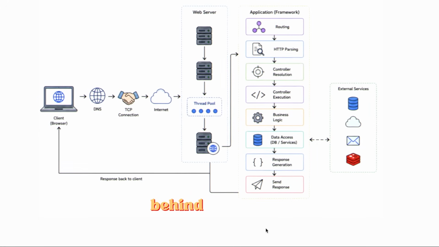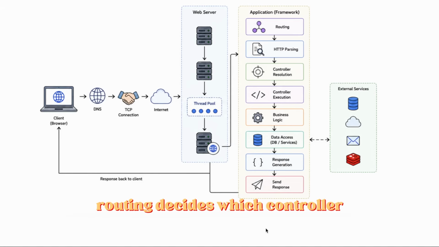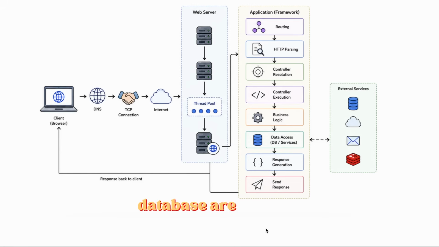So next time you call an API, remember what's actually happening behind the scenes. A browser sends a request, DNS finds the server, TCP establishes a connection, the web server accepts the request, a thread from the thread pool starts processing it, the framework parses the HTTP data, routing decides which controller should execute, your backend application code runs, databases are queried, responses are generated, and finally the data travels all the way back to the client.